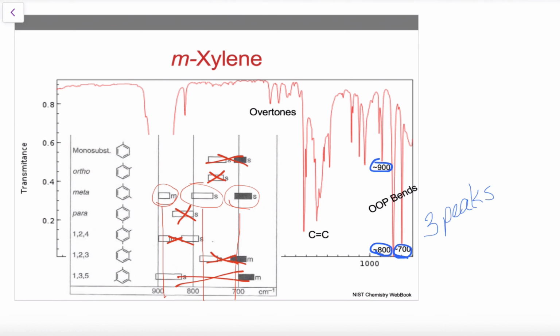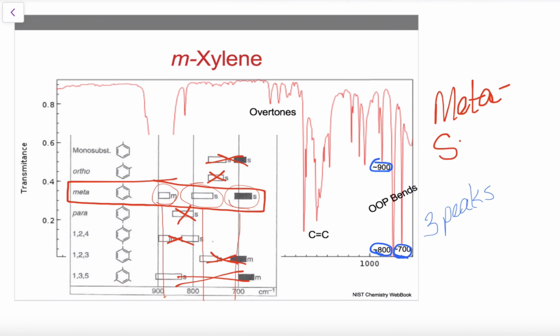So since this is what our spectra look like, we can say this one is meta-substituted. Now for IR spectroscopy, the more spectra you see, the better you will be.